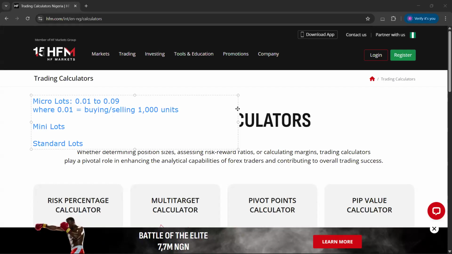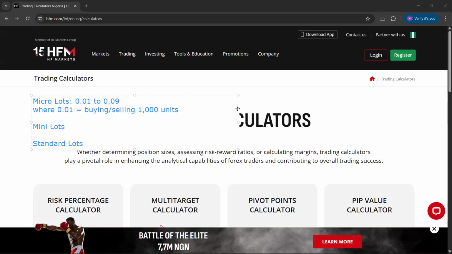Now, if you leave that particular environment and you go into the mini lot, it continues from where the micro lot stopped. So if the micro lot is going from 0.01 to 0.09, and that's its own threshold, the threshold of the mini lot resumes from 0.10. Because if you stop at 0.09, the next thing after that is 0.10, right?